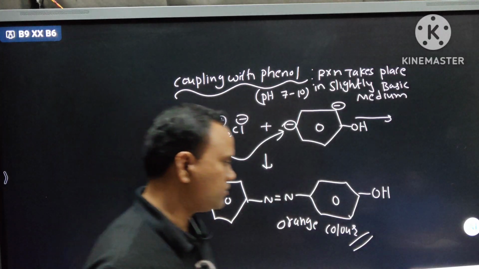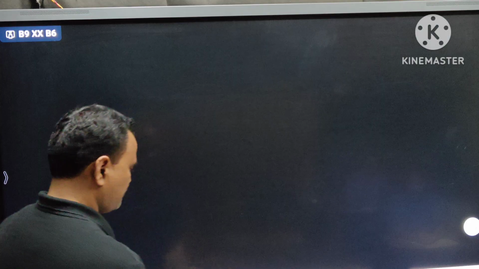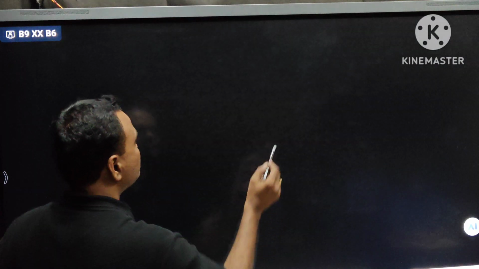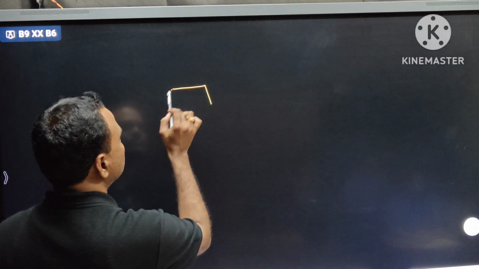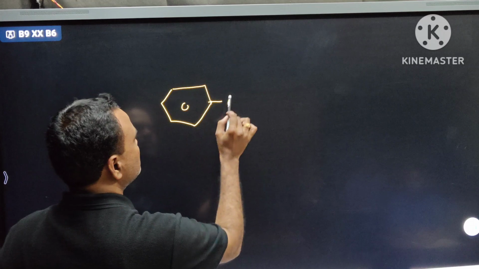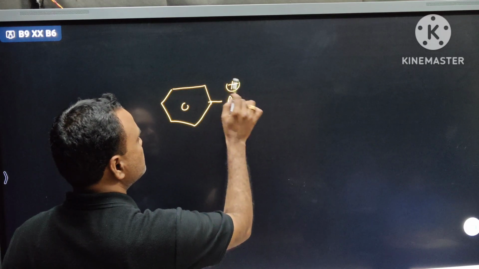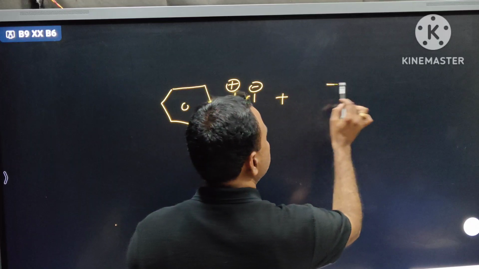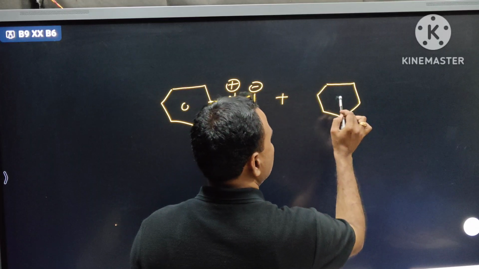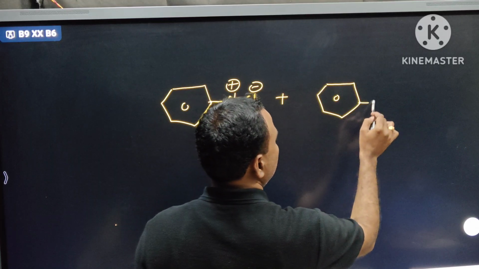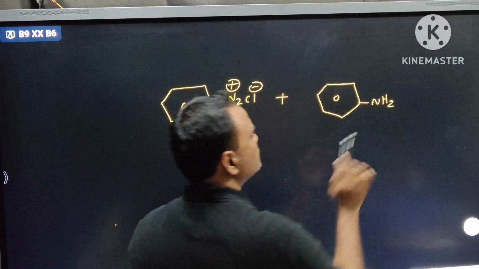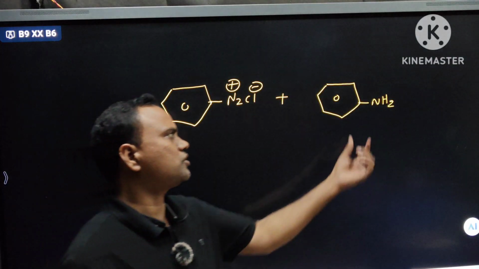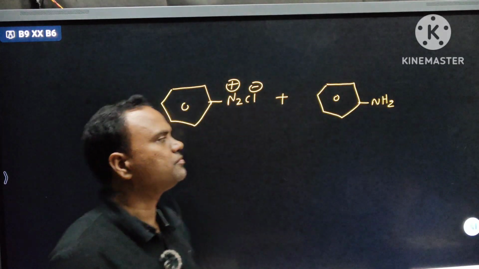I'll explain clearly. Look at this. Observe the magnitude of the charge. I wrote a small positive charge. Take any compound here, like aniline or any other compound. That should contain a donating group. That is the condition.